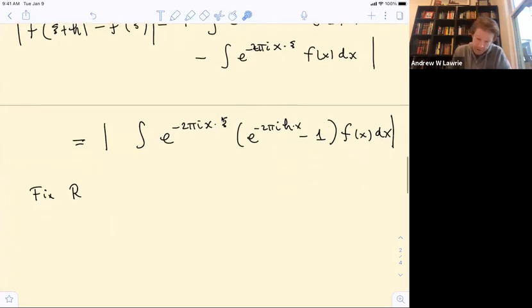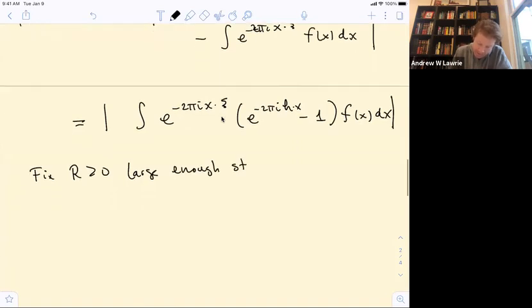So fix r bigger than 0, large enough so that the integral over |x| bigger than r of |f| is smaller than epsilon.